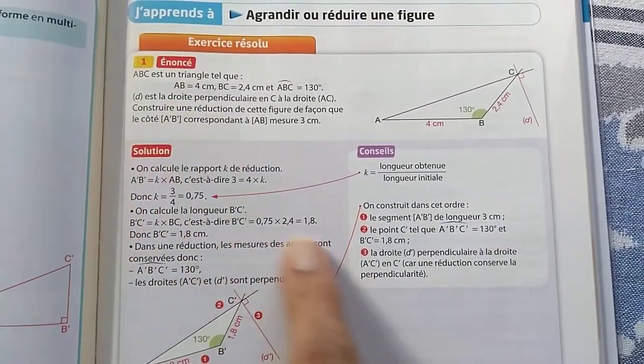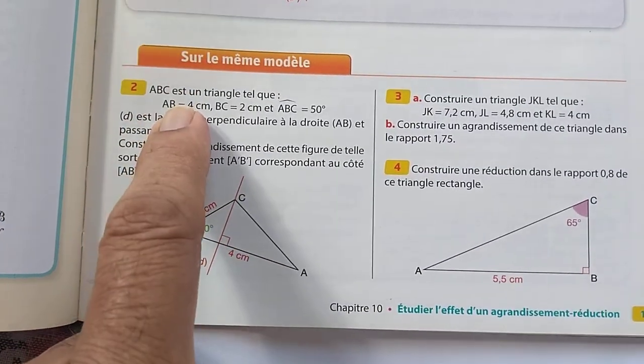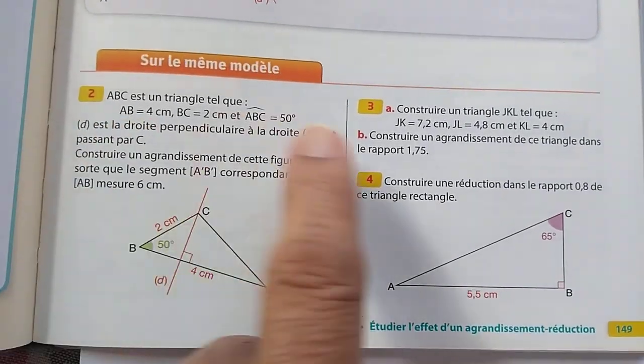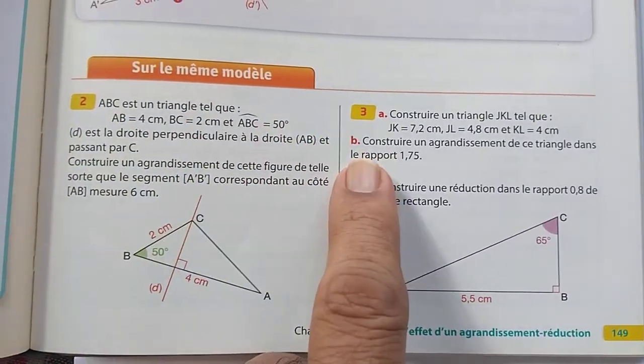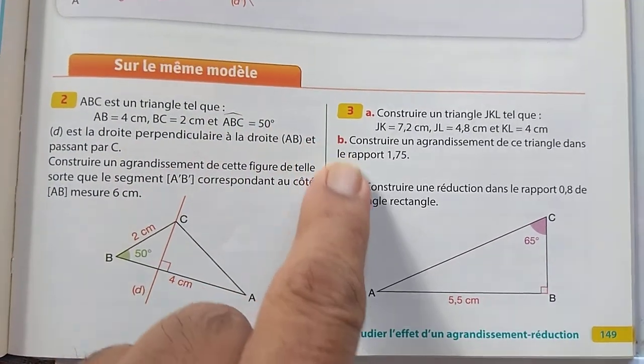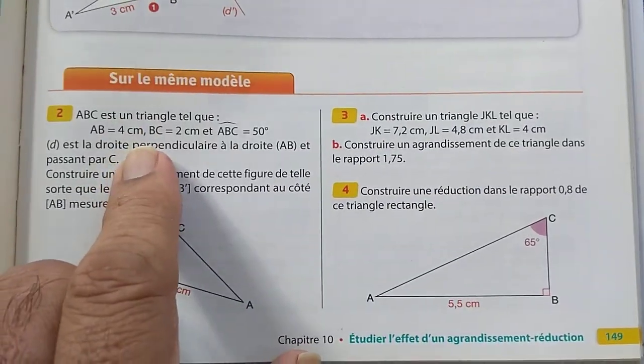So you can read how they do this problem here. More importantly, I would like you to do problems 2, 3 and 4 for yourself. And because it is red over orange, these are worked out problems, and you can check them at the back of the book to see whether you've done it correctly.